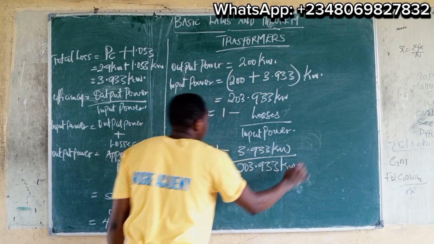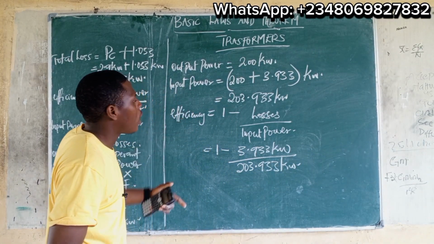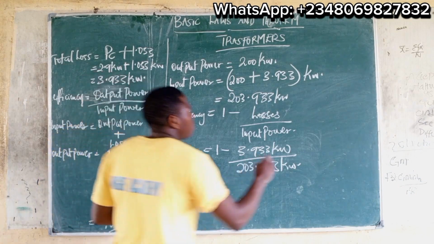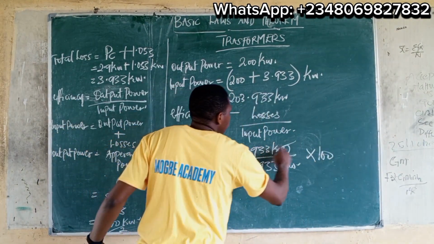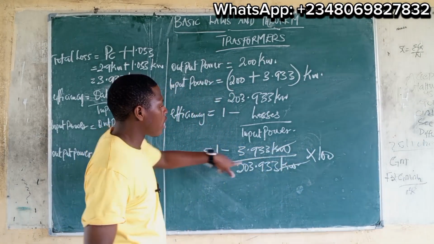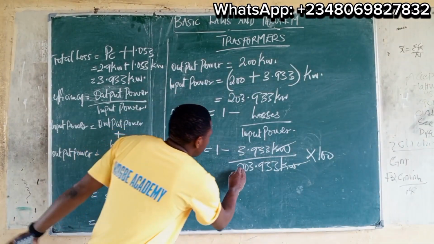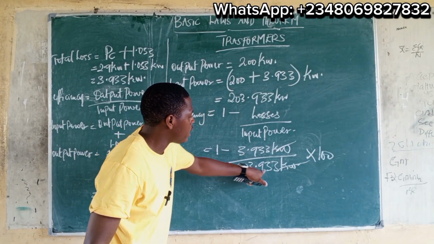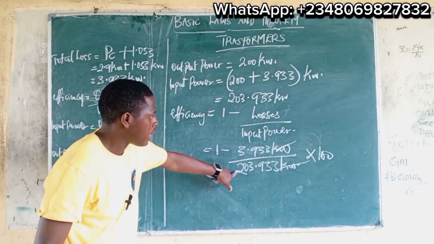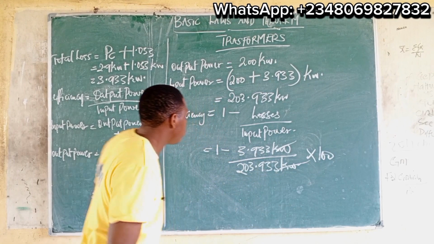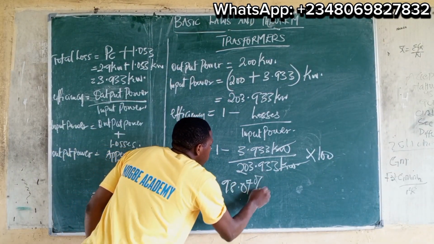203.933 kilowatts. Now we want to calculate efficiency, so our answer will be in percentage. So this is multiplied by 100. When you punch in your calculator, it's 3.933 divided by 203.933. You will get the answer. Then you punch 1 minus your answer, multiplied by 100. You simply arrive at 98.07%.